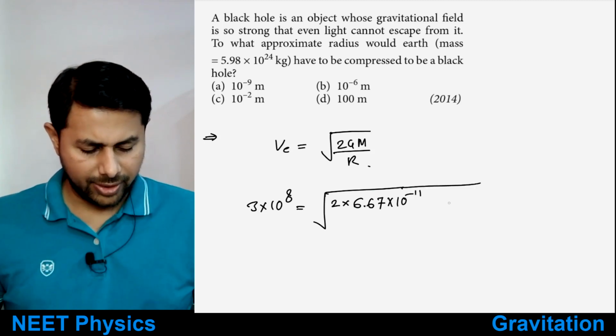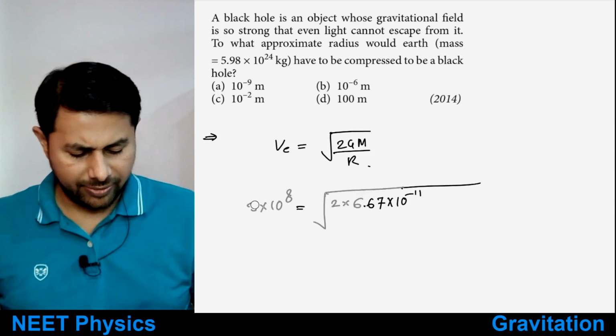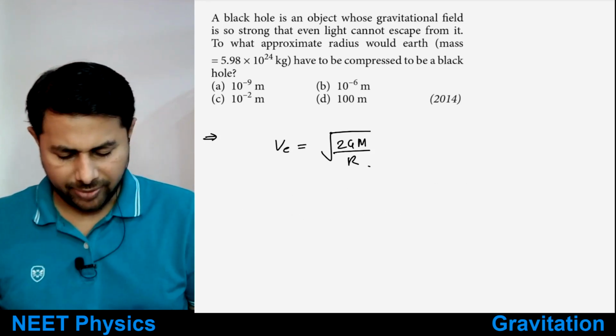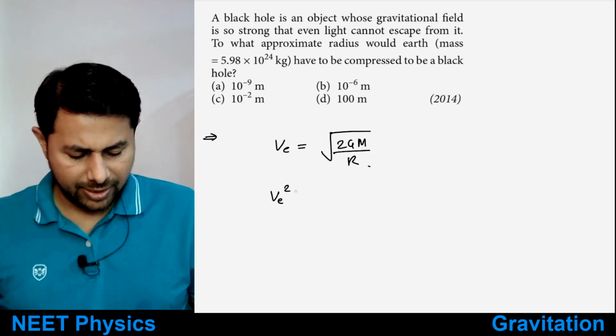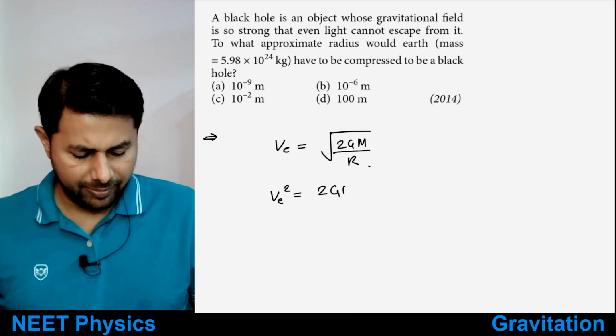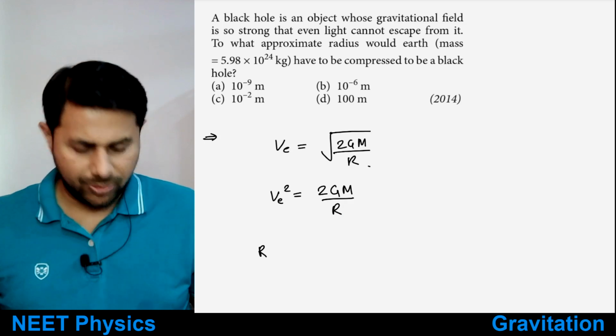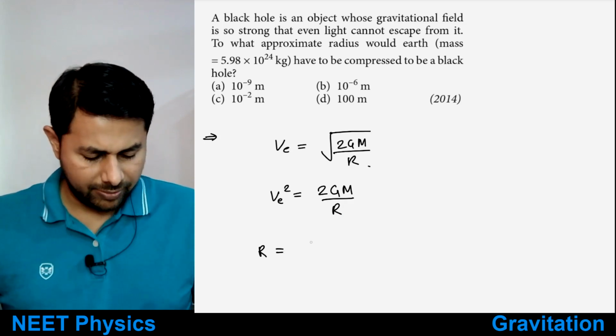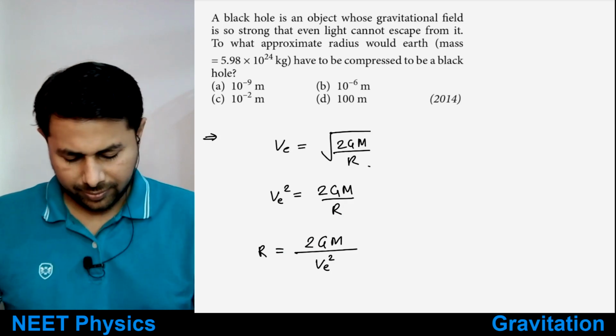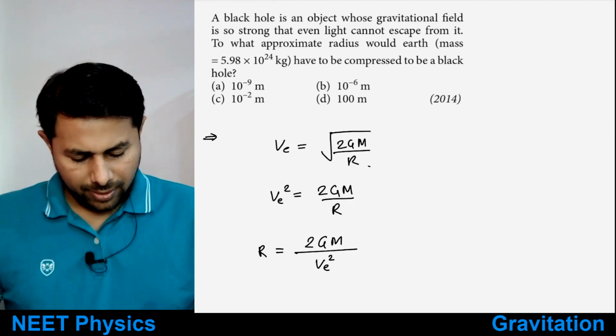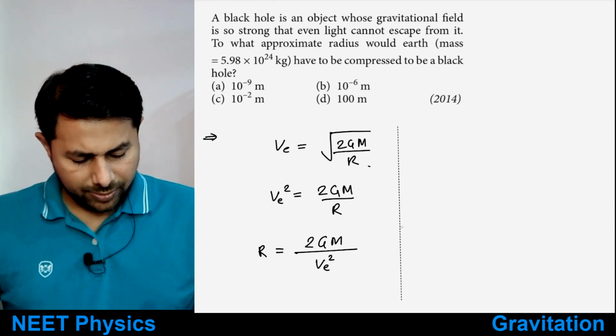So first of all, let's square this one. We get V square is equal to 2GM divided by r. Let's move r to the other side. So r is equal to 2GM divided by V square. And then let's put the values.